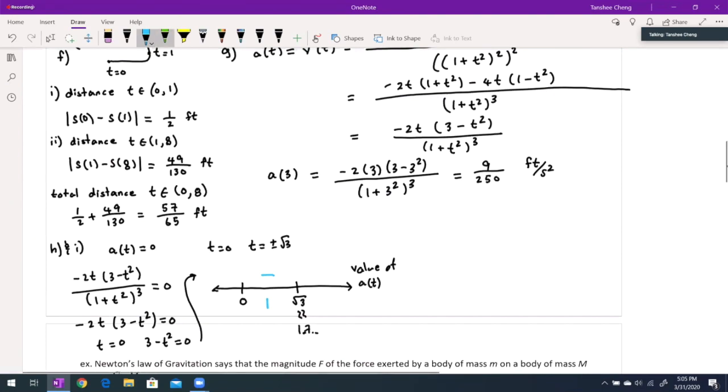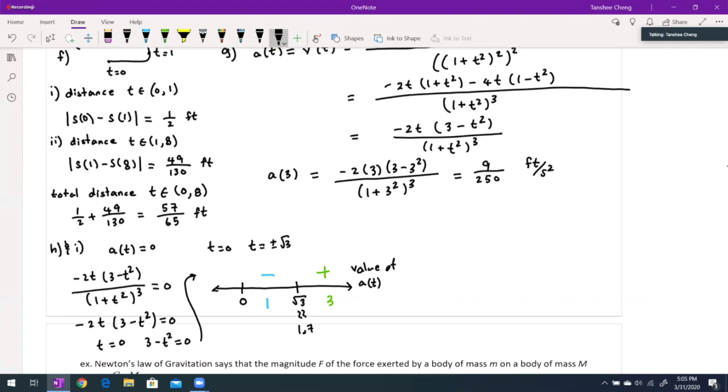And then for the next part, I'm going to choose 3, because I already evaluated a of 3, which I know is a positive value, so that can be done quickly. Following so far?